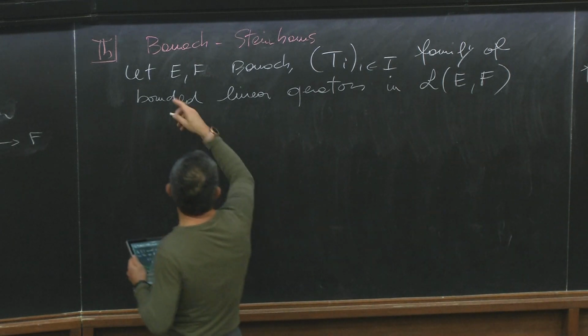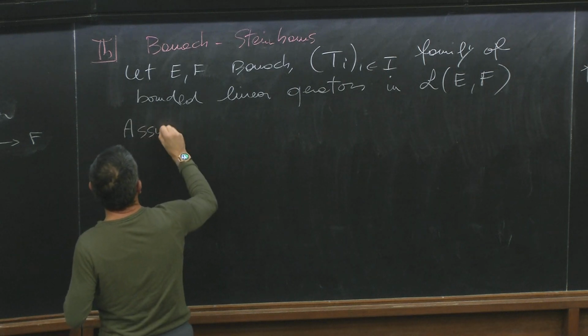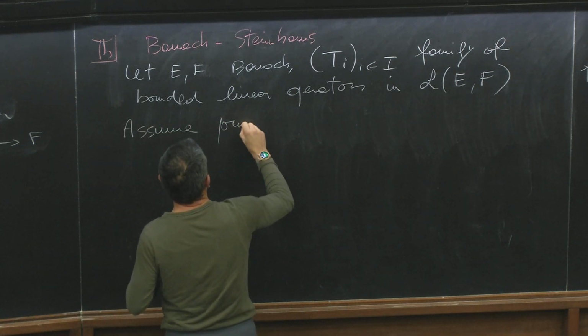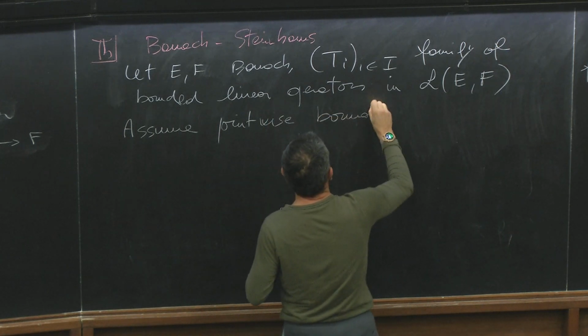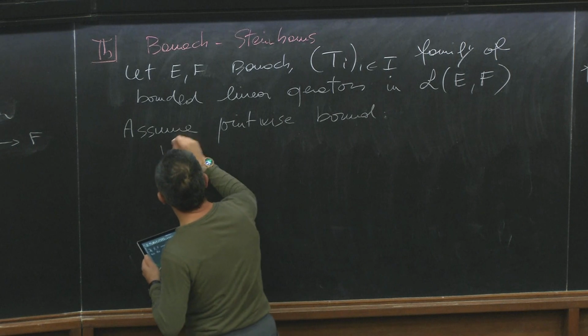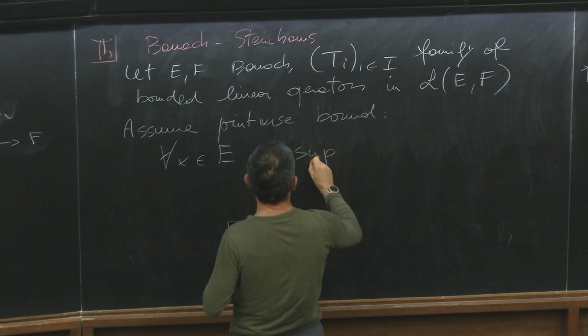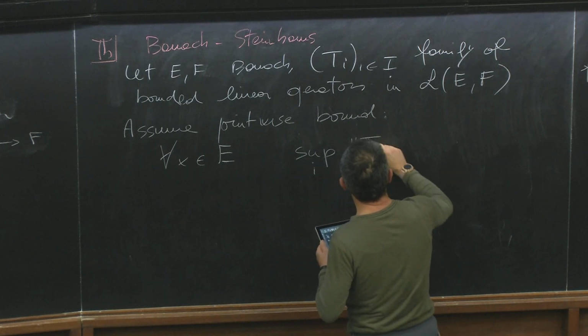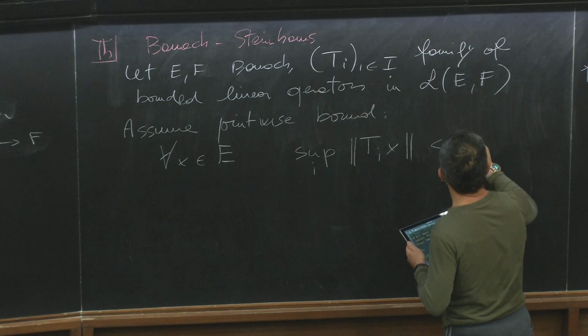Now, the uniform boundedness theorem is because you have assumed a pointwise bound. So for all x in E, the supremum over i of the norm of Tix is less than plus infinity.